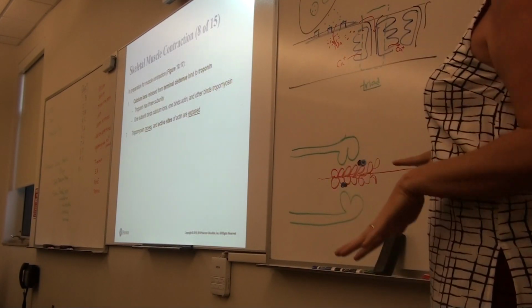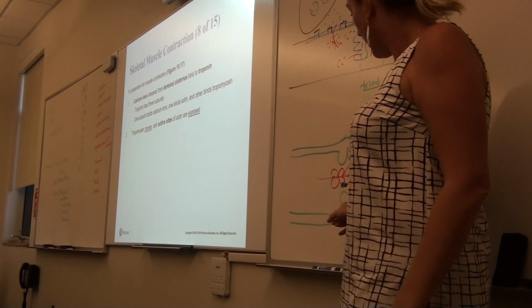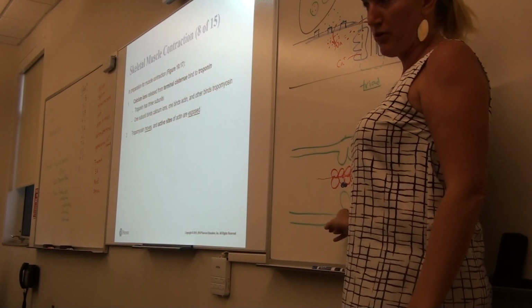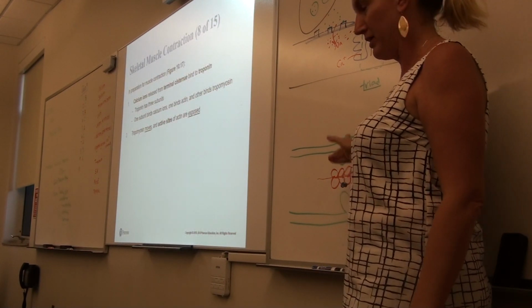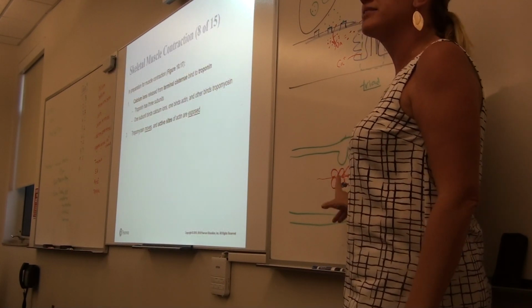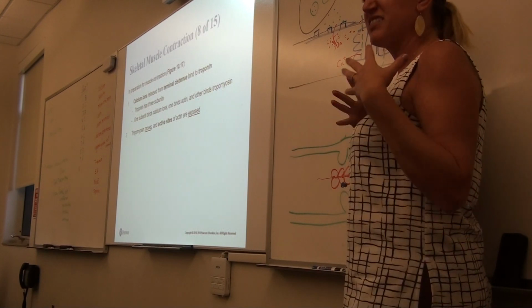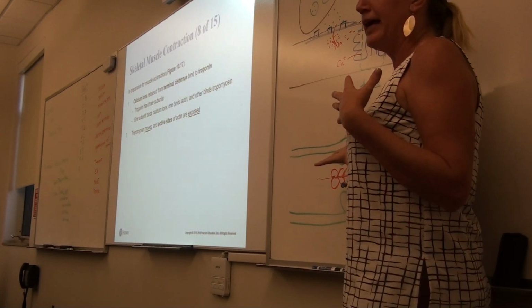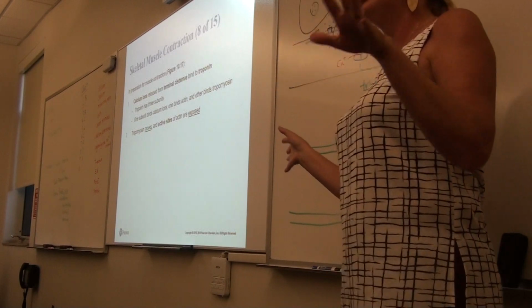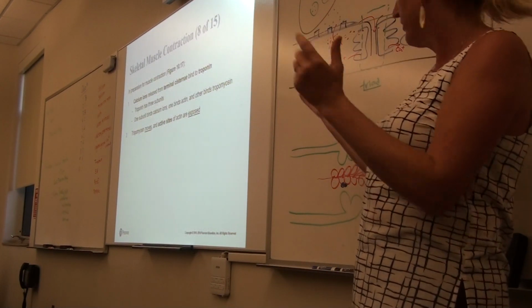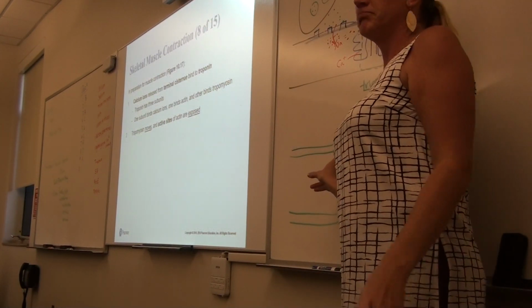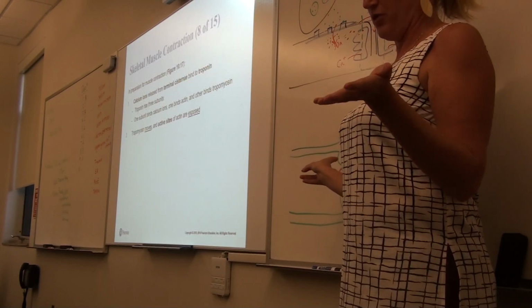So I think of myosin as the male counterpart. You might think that's obvious by looking at my drawing here. I think of myosin as the male counterpart in this interaction. And actin is this demure little thing, crossing her legs, if you will.